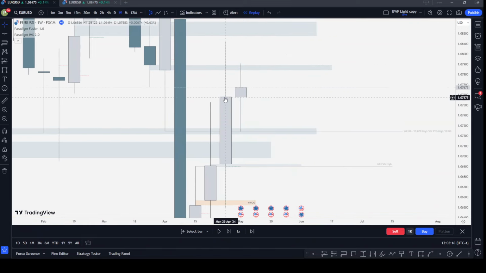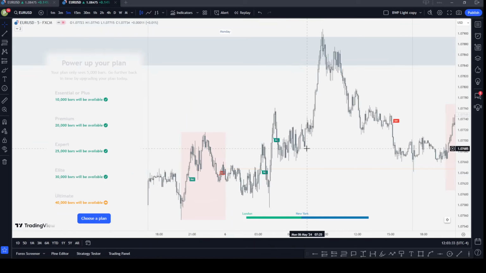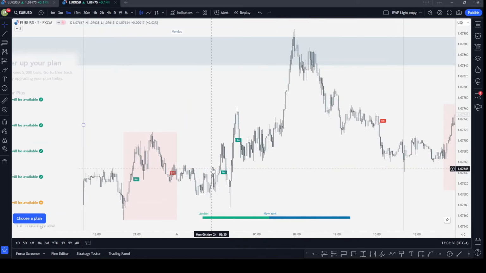So the first thing we saw on Monday was a rally into this guy, and then we had a rejection there. So we first had a rally and then a rejection back into this area, and then we closed up here. So the first thing we had is a buy.